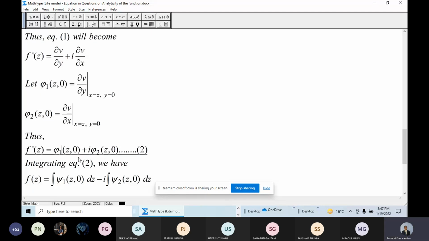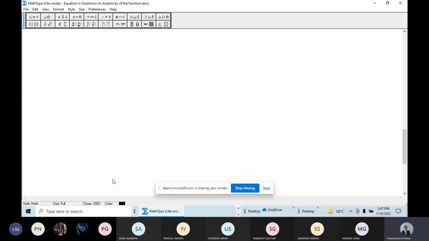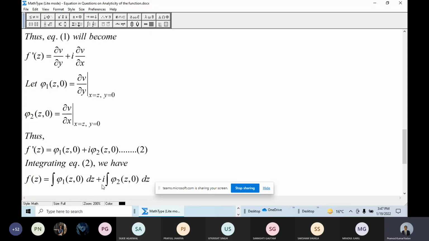And in the integration part, integration of phi 1 z0 plus i times integration of phi 2 z0. But please be careful, there is one difference between both. If the real part is given, then the sign is minus. But if the imaginary part is given, then the sign is plus.